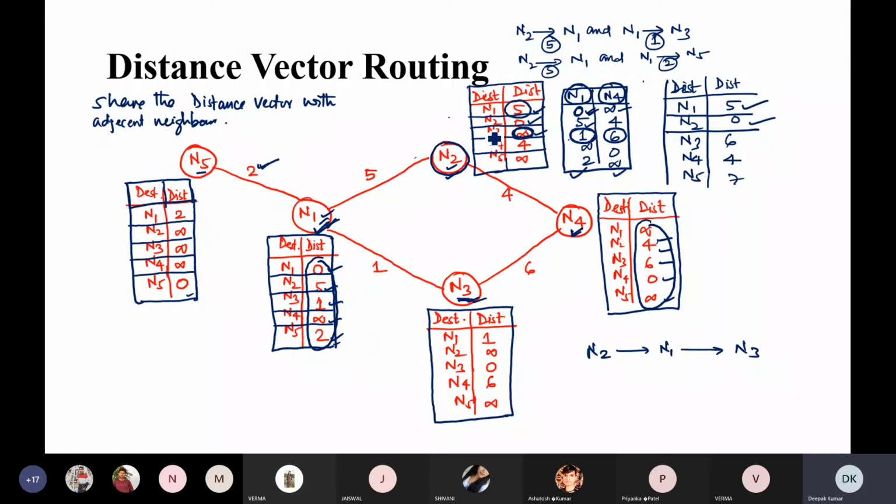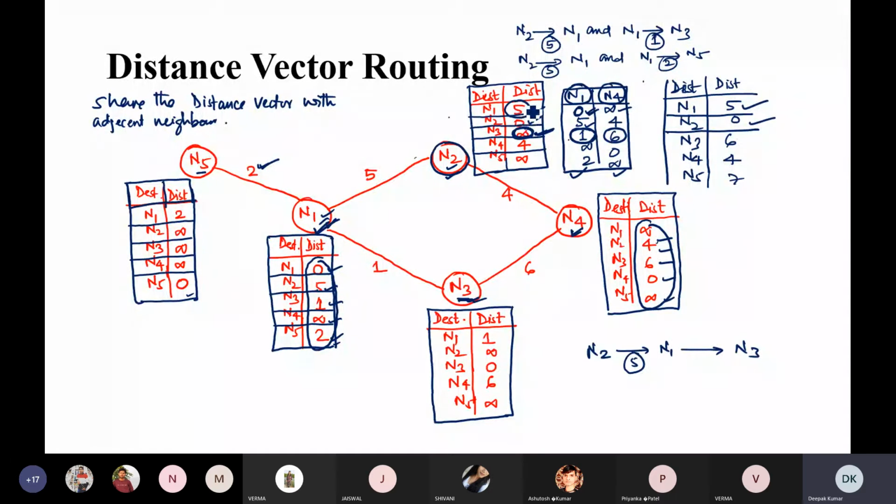इसका मतलब ये हुआ ना, ये N3 के पास पहुंचने के पास कोई इन्फॉर्मेशन नहीं है, but N1 is saying that I can get you the path, but the cost will be 1. तो सबसे पहले N2 को N1 के पास पहुंचना होगा, उसके बाद फिर N3 के पास पहुंचना होगा. So the cost between N2 to N1 will be 5 from its initial table.